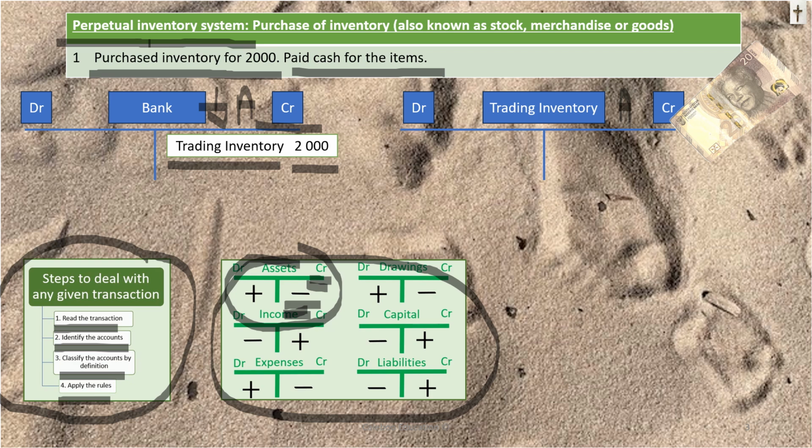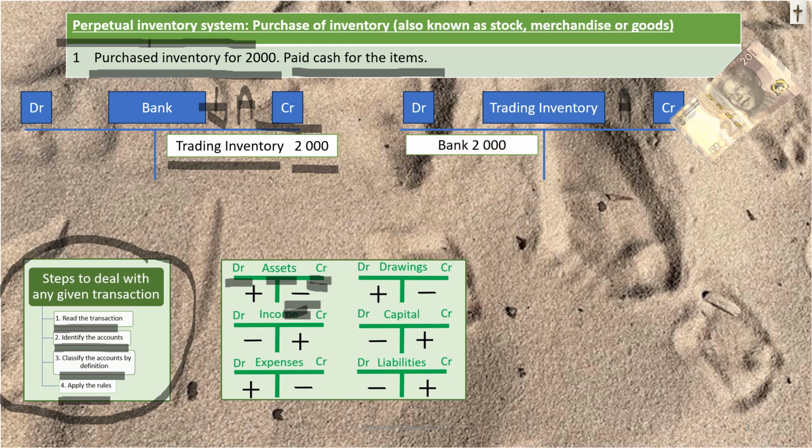The value of our stock has increased, and if trading inventory is an asset, an increase in the value of an asset, the rule says the account must get debited. So we debit trading inventory on the debit side. Under details, you have the name of the contra account, and the amount was 2,000.